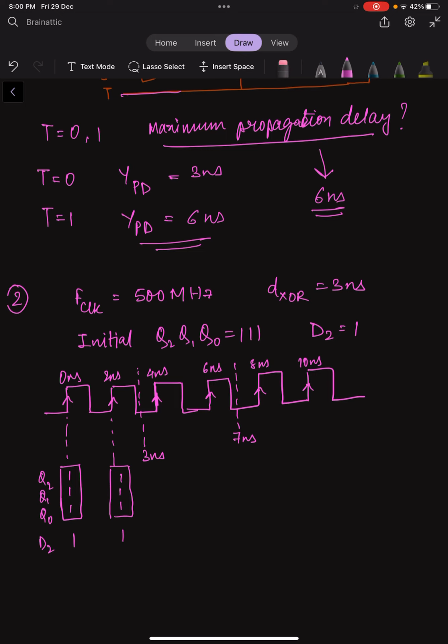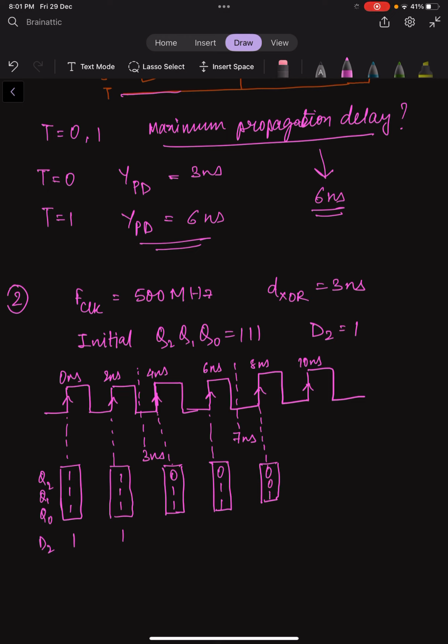After 3 nanoseconds, at this edge, the values of Q2, Q1 and Q0 change, which becomes 0, 1, 1. And at 6 nanoseconds, since the XOR gate delay is still there, we are holding the value 0, 1 and 1. At the 8 nanosecond clock pulse, we see the value 0, 0, 1.